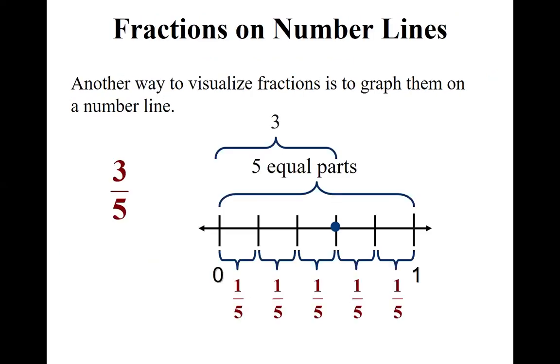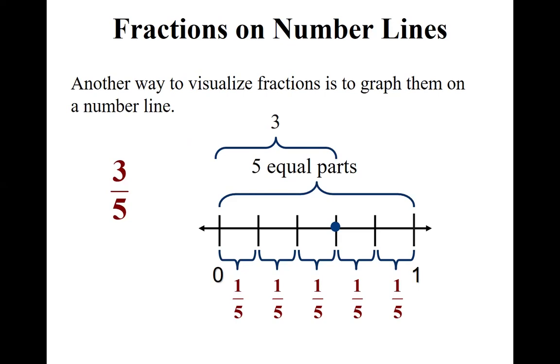Another way to visualize fractions is to graph them on a number line. Between 0 and 1, if we draw 4 dividing lines, splitting the space between 0 and 1 into 5 equal parts, then each of those equal parts would represent 1/5.